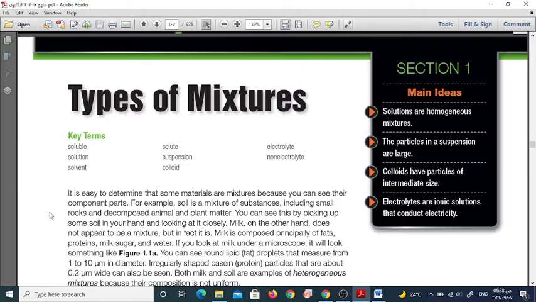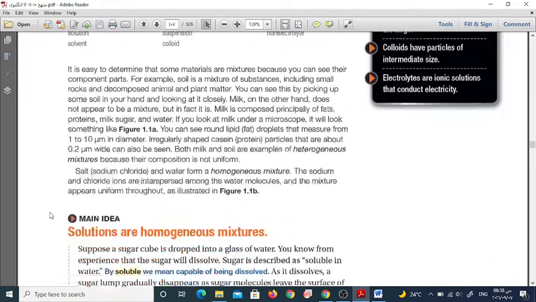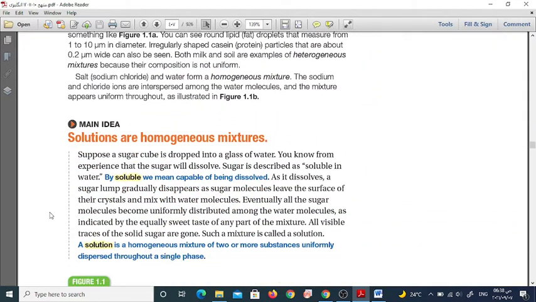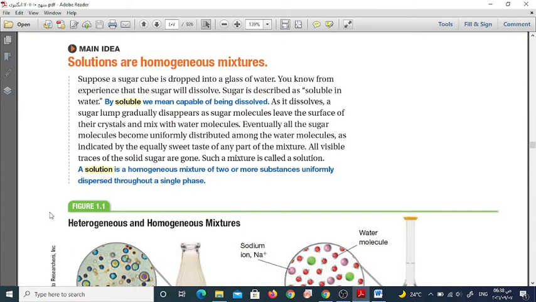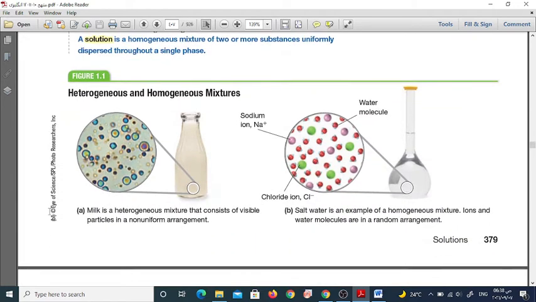Okay, let's start with the mixtures. Mixtures generally are divided into homogeneous mixture and heterogeneous mixture. A homogeneous mixture is like a solution. When you put NaCl in a beaker or volumetric flask like this one, then you add some water over it, you will find it gets dissolved.